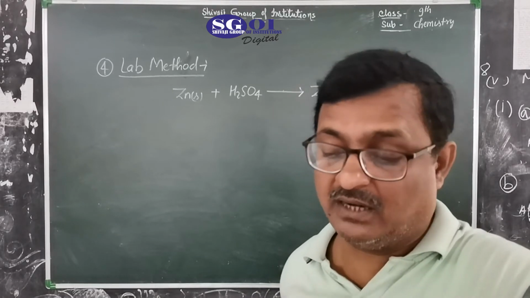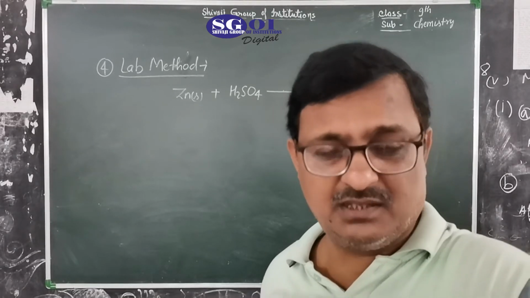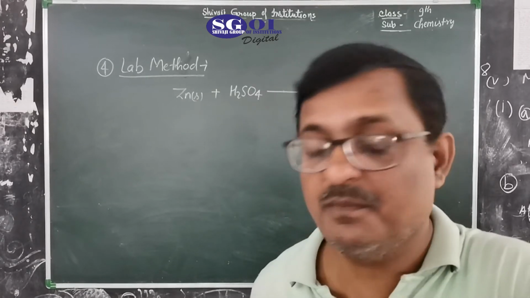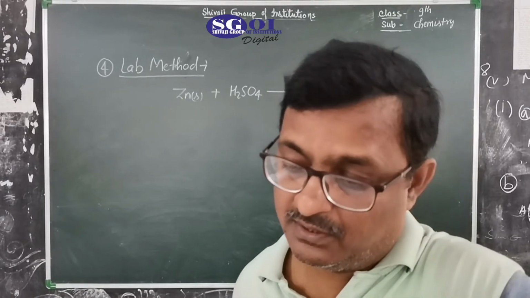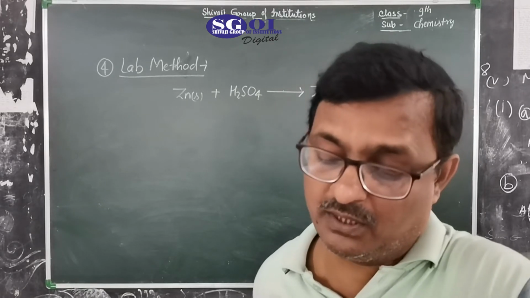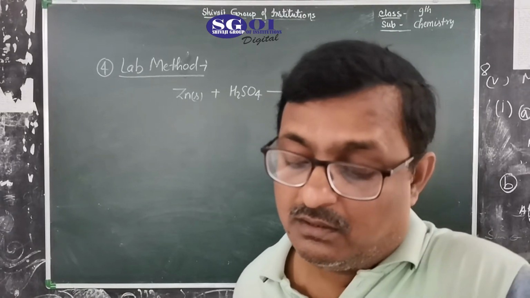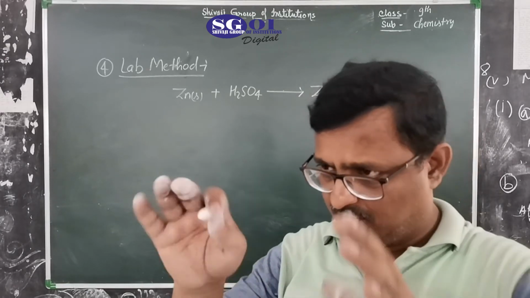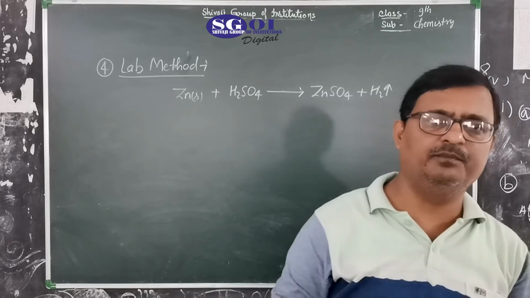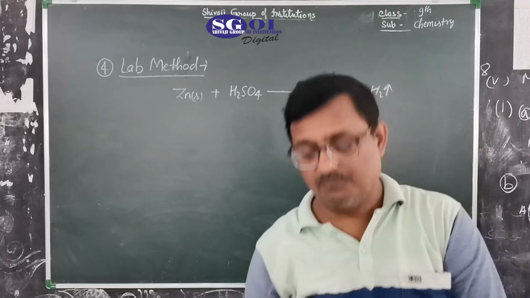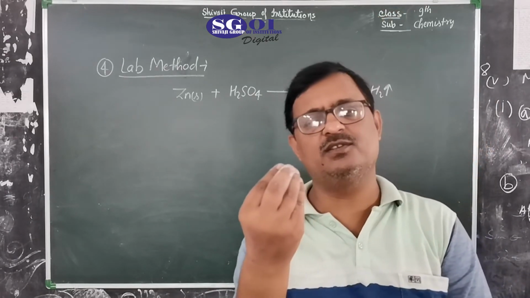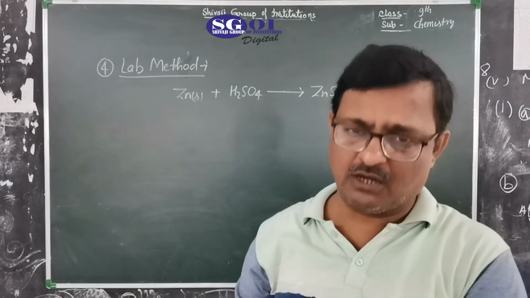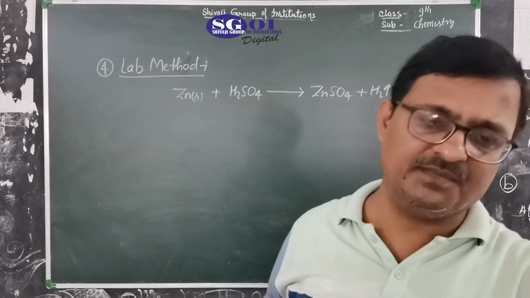When the reaction starts with brisk effervescence, hydrogen gas is formed and collected by downward displacement of water. In a test tube, water is filled up. You must enter the hydrogen gas in such a manner. As the hydrogen gas enters, the level of water goes down towards the bottom.